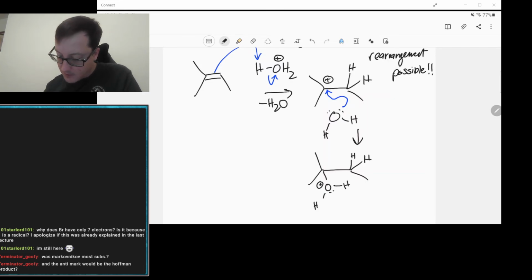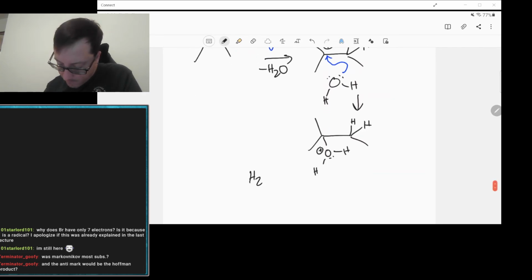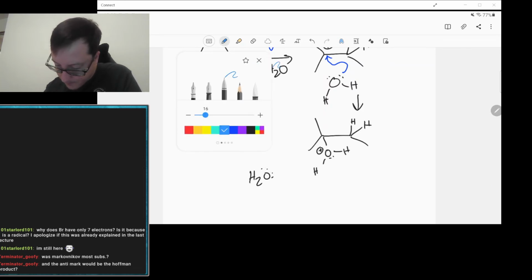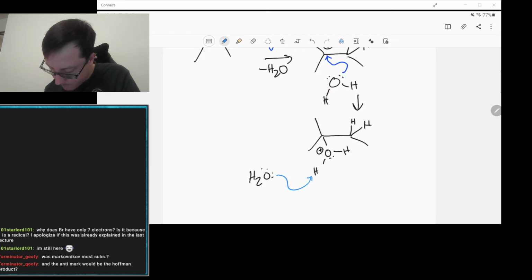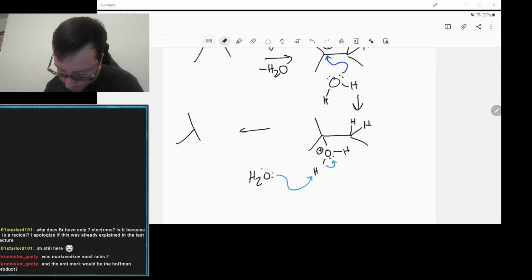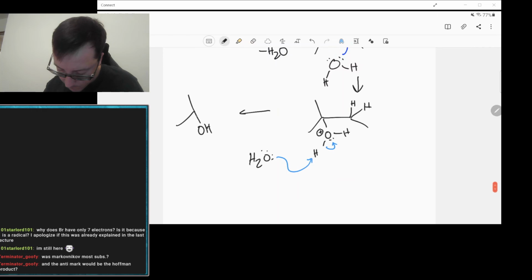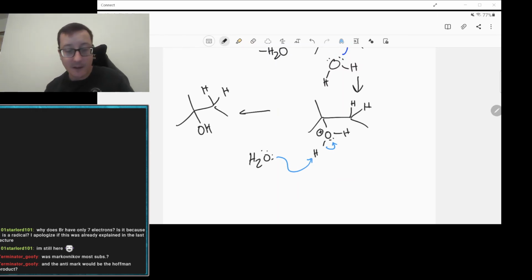And then the last step, another water molecule comes along, and it's going to deprotonate this thing for us, thereby leading to the product. And again, I'm putting the H's just so we see that that's the Markovnikov rule.